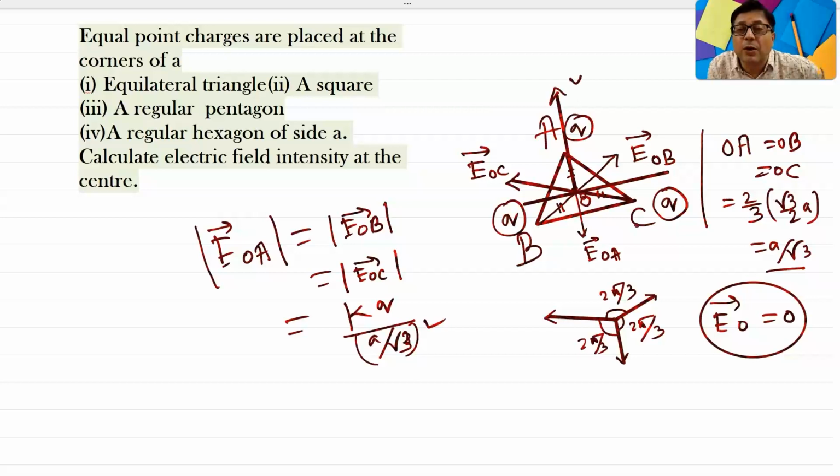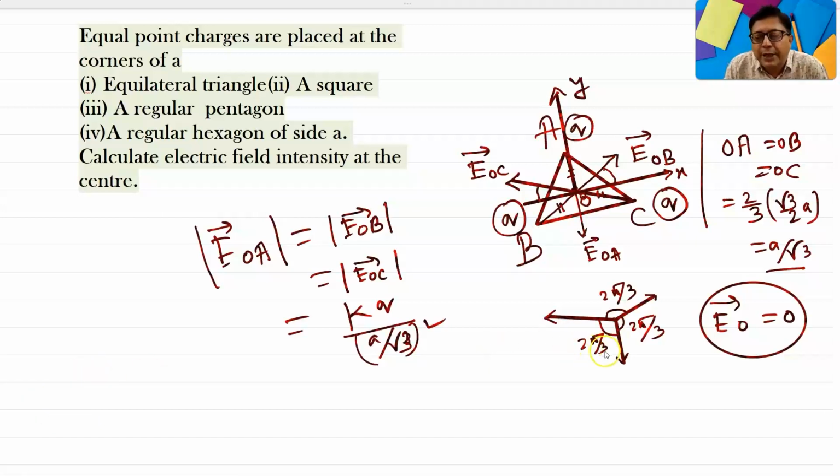Then by taking components along x and y axis, you can also prove it. It's very interesting to prove there also. EOB's component along x axis and EOC's component along negative x axis get cancelled. Along positive y axis, the components of EOB and EOC will be cancelled by EOA. This way also you can prove that electric field at O is equal to 0.